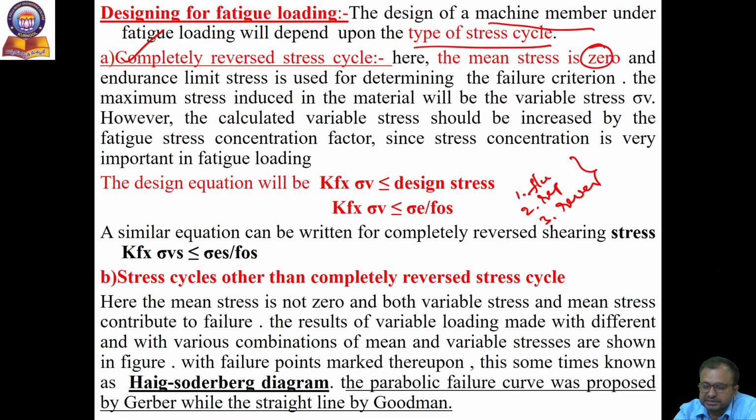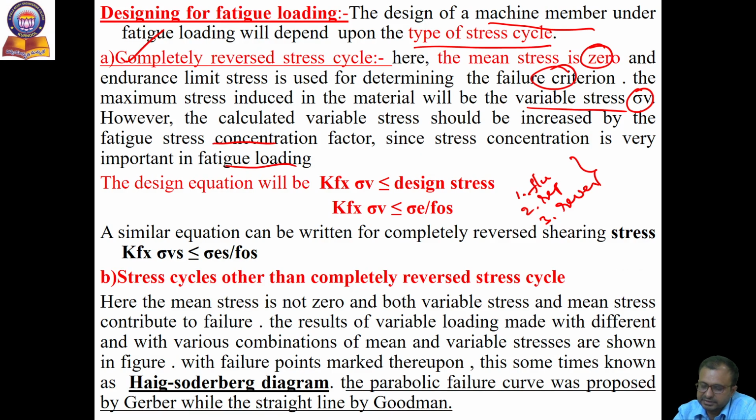Here the mean stress is 0 and the endurance limit stress is used for determining the failure criterion. The maximum stress induced in the material will be the variable stress, sigma V. However, the calculated variable stress should be increased by the fatigue stress concentration factor, since stress concentration is very important in fatigue loading.